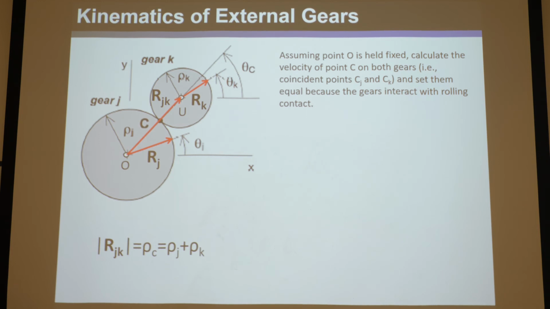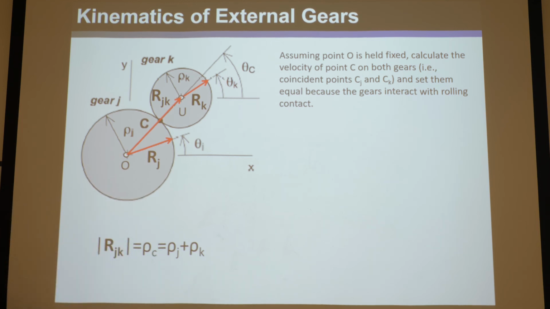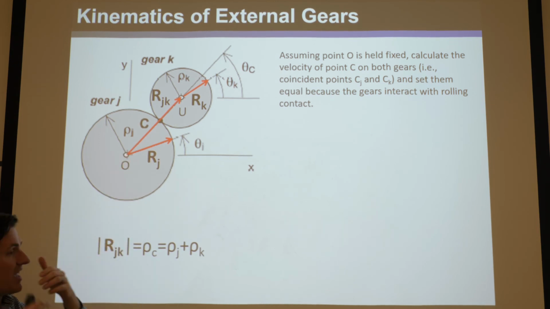And we know the velocity of both gears at this point is the same, because there's rolling only contact, because these are gears, of course. Remember from the lecture, if they're different along the normal, they'll pass through each other, so you can't do that. And if they're different along the tangent, they're sliding, so they can't do that. So since the velocity in both components is the same, the velocity is the same.